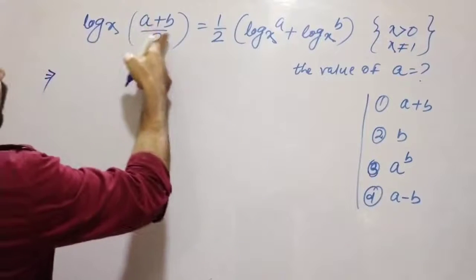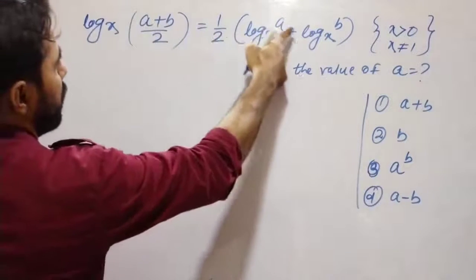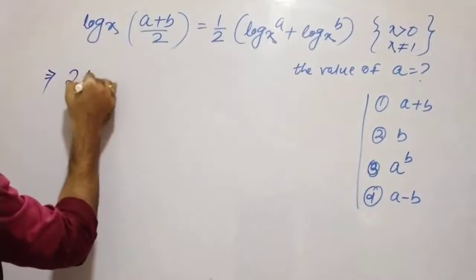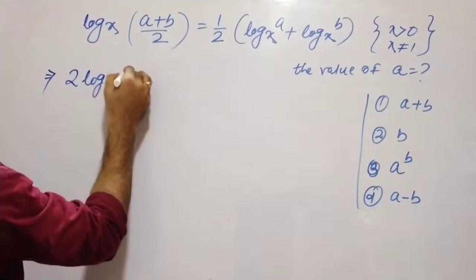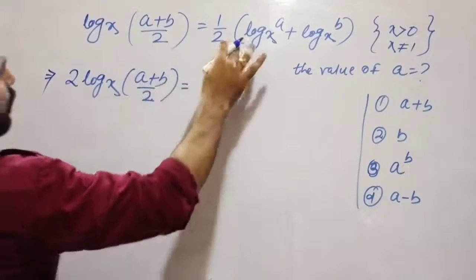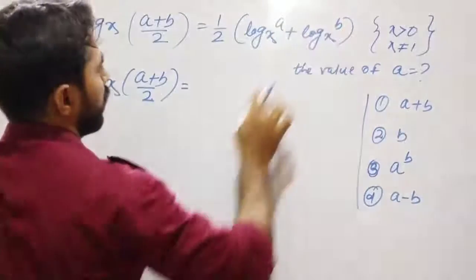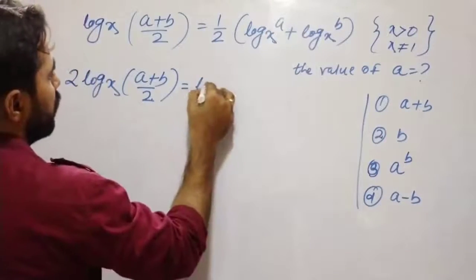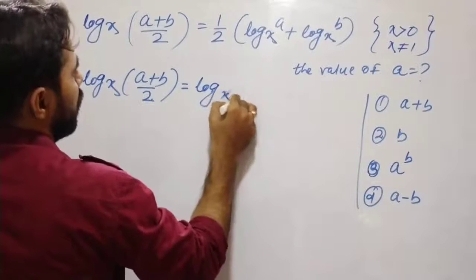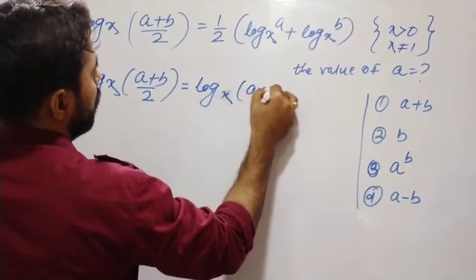Log of (a plus b) to the base x is equal to half into (log a to the base x plus log b to the base x). By changing the side, 2 log of (a plus b) by 2 to the base x is equal to log a plus log b. Then the value is log of a into b to the base x.